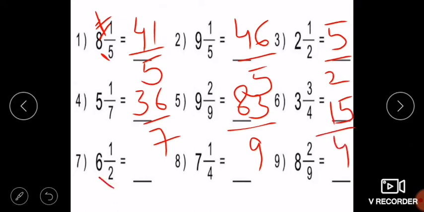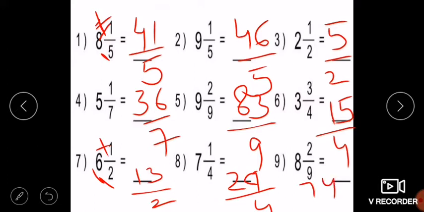You have to multiply these two numbers and whatever you get, this remainder will be added to that. 2 6s are 12 plus 1, 13 by 2. 4 7s are 28, 29 by 4. 9 8s are 72 plus 2, 74 by 9.